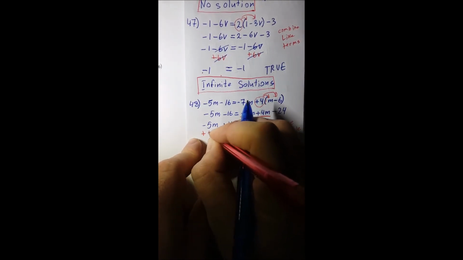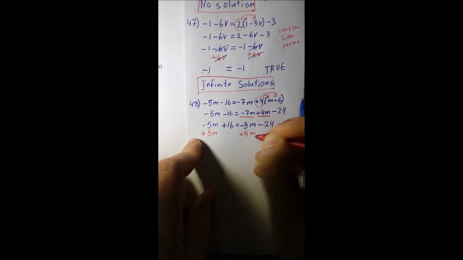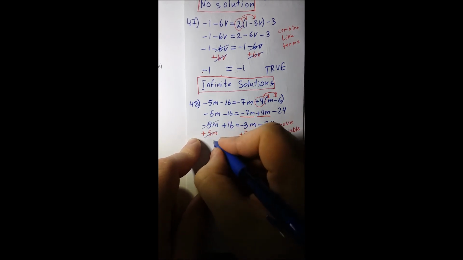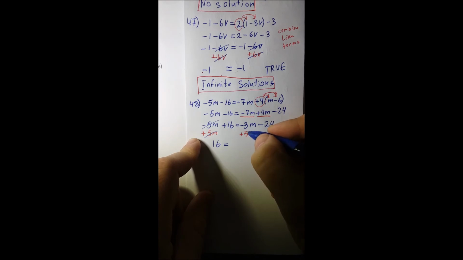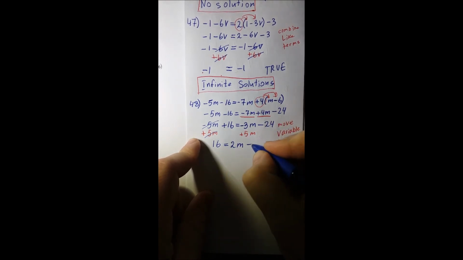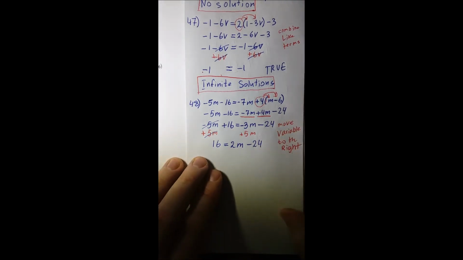M, right? So plus 5m plus 5m. 5m and 5m here cancel out, so you have 16 equals minus 3 plus 5 is going to be 2m, positive, minus 24. Now we're down to a two-step equation.